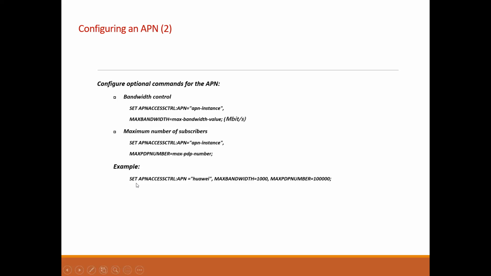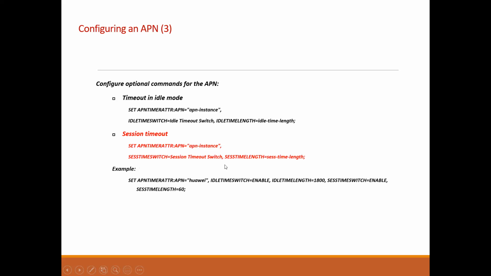So this is an example of setting an APN access control. The APN is Huawei, the maximum bandwidth is 100 Mbps, and the maximum PDP number that this APN can support is 1 million, I guess. So this is a configurable value.